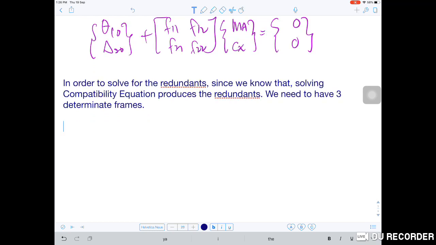We should have the primary frame, we should have the redundant system, which is called redundant MA applied, and we will have redundant CX applied.